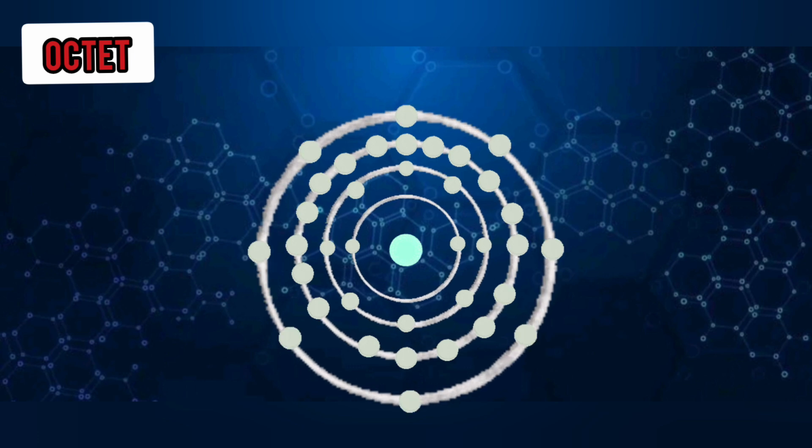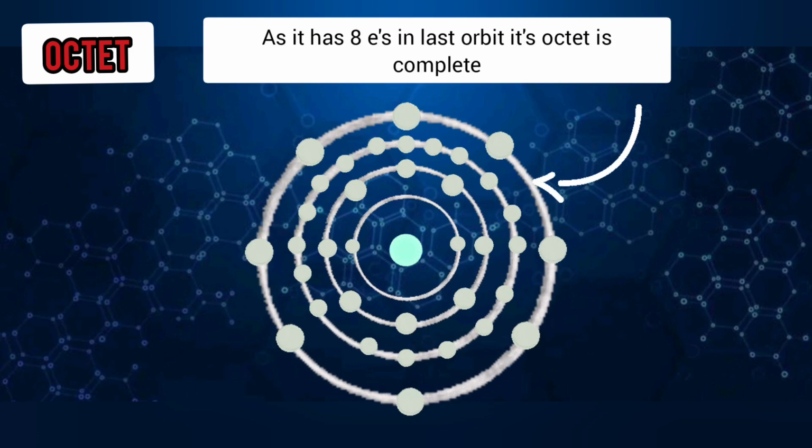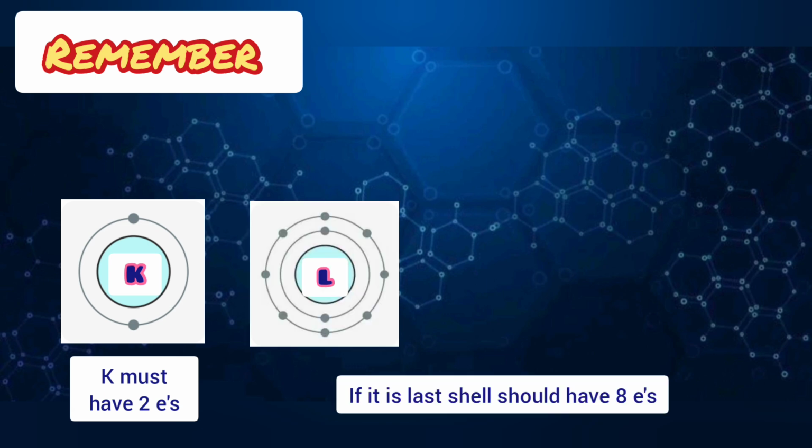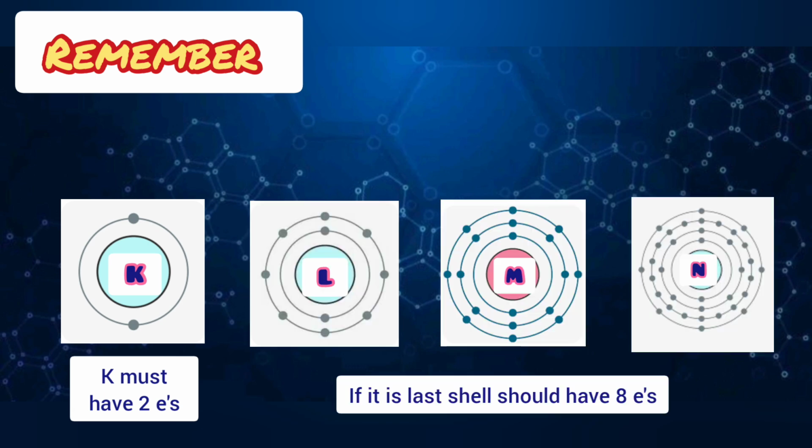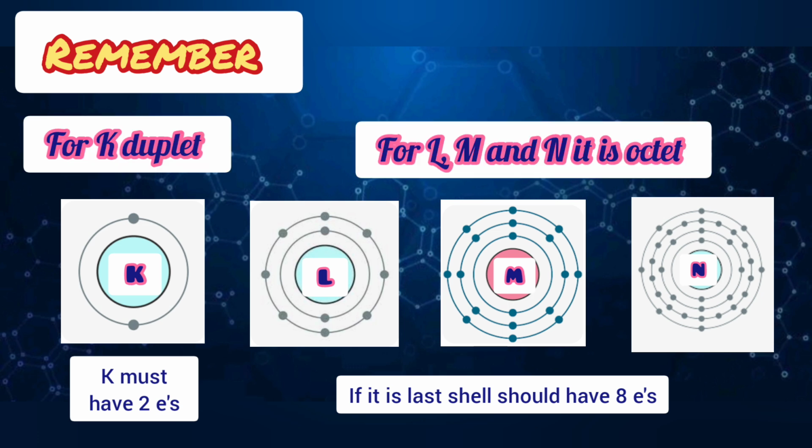If it has 8 electrons, it is said to have its octet complete. So for K shell, it must have 2 electrons, and for L, M, N, it should have 8 electrons in its outermost orbit. That is, for K it is duplet, and for the rest it is octet state complete.